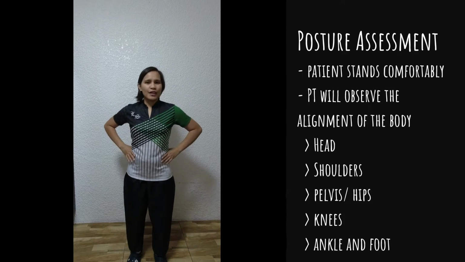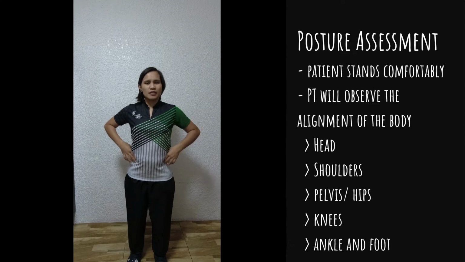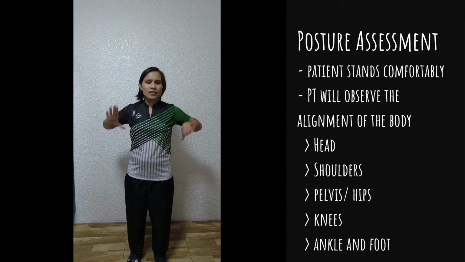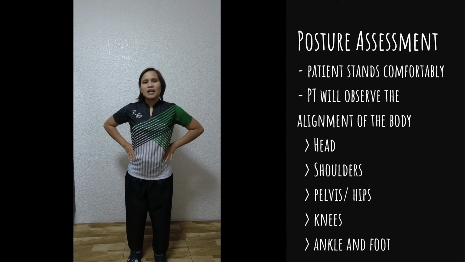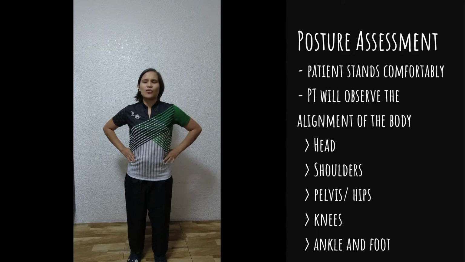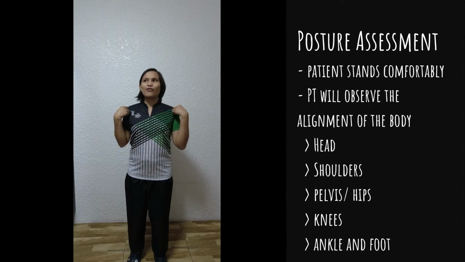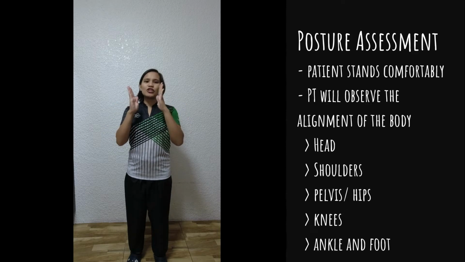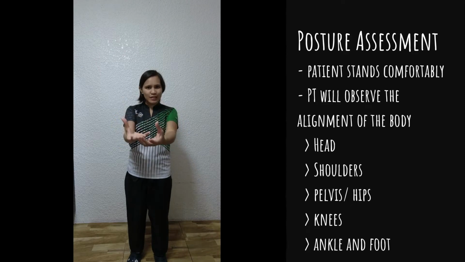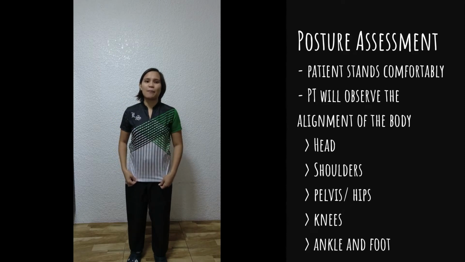Now, if you are able to palpate your joints, you could place your hand on your waist and check if your waist is level. So you could see if one side is higher or lower. That would mean that there's a probability that your spine is curved to one side. Okay? So let me demonstrate and exaggerate an example.